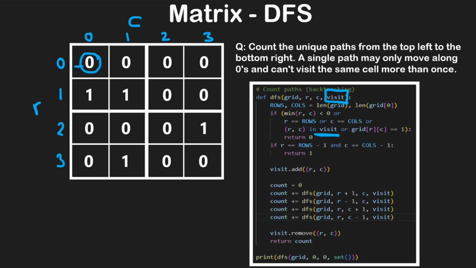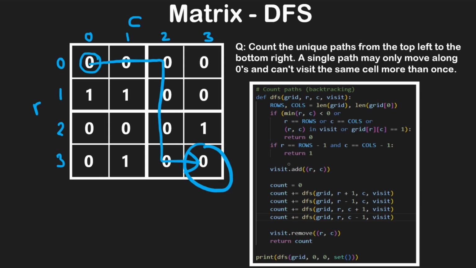So that would be the example where we go here, then we go down, then we go left, and then maybe we go back up to the same position. At this point, if we visited the same position twice, we would stop. We'd say, nope. If we visit this position twice, there are no valid paths that reach the destination. We're not allowed to do this. So we return 0.